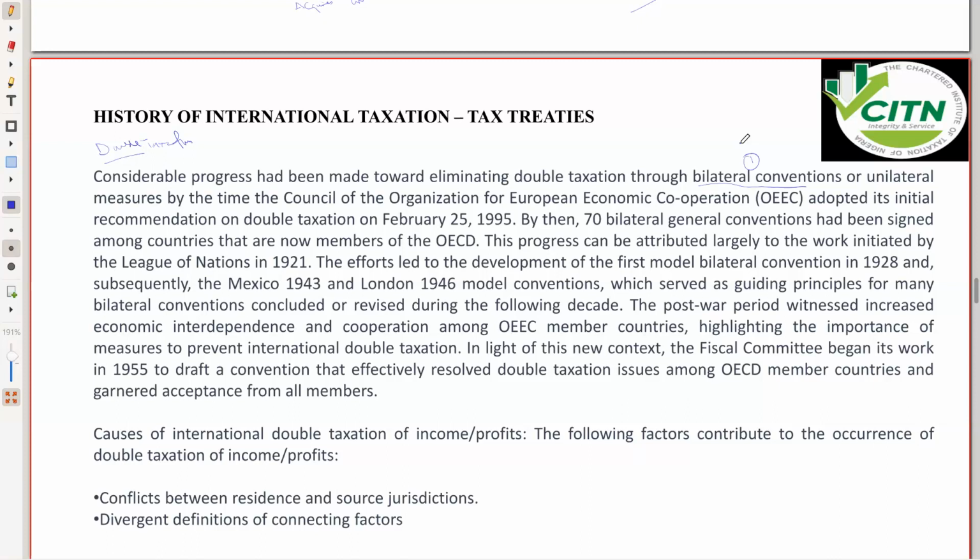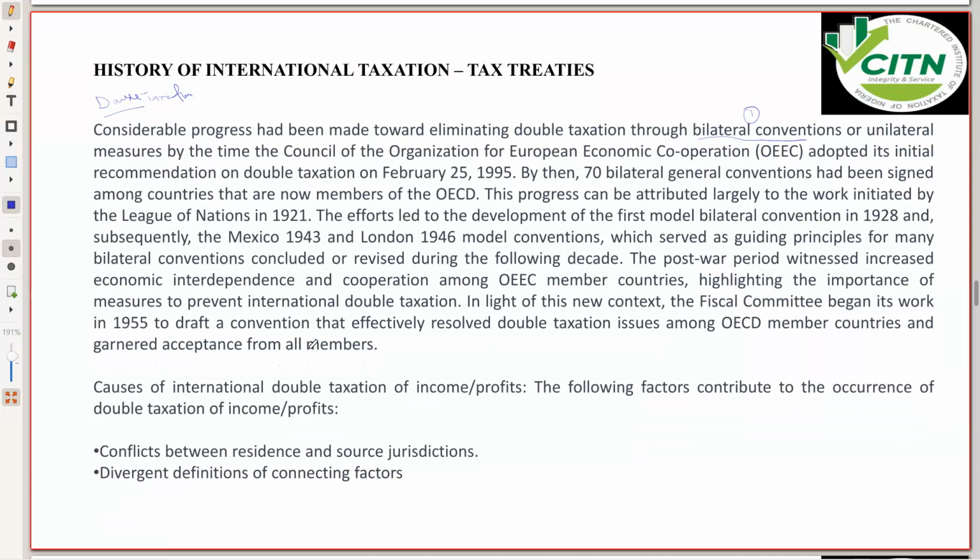So we've mentioned it before, but let's quickly look at it again. What is the main thread around double taxation? What are the factors contributing to it? We've said two things really. We've said the issue of conflict between residence and source jurisdiction. Source, like we mentioned in our definition of concepts, is where the income is earned. And then residence is where you stay.